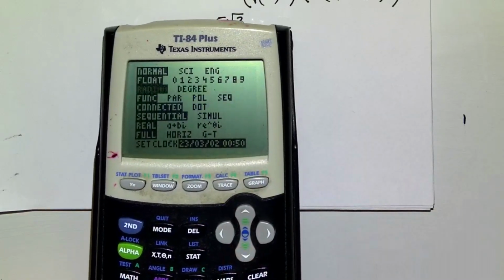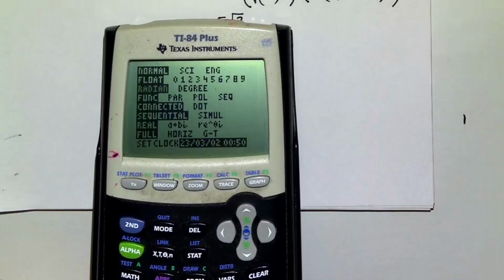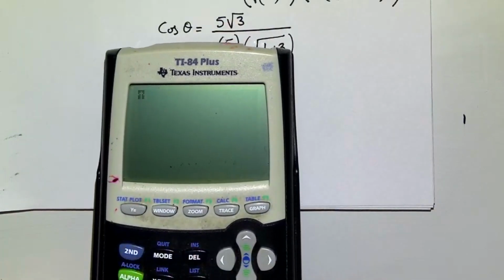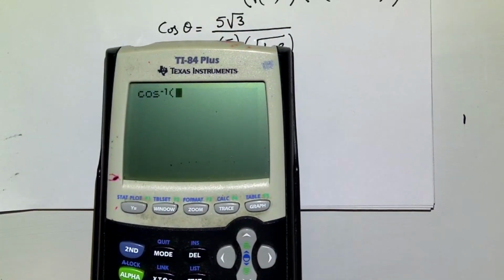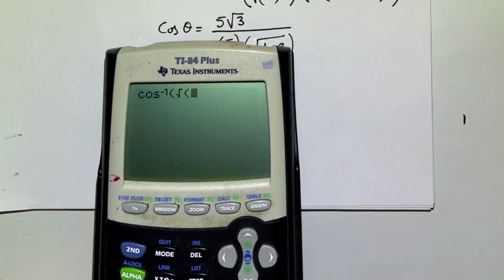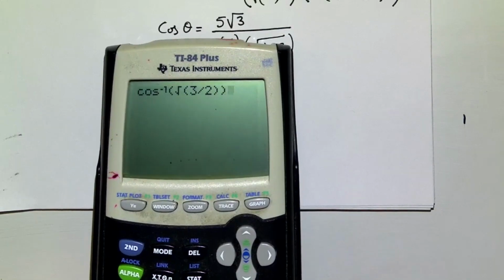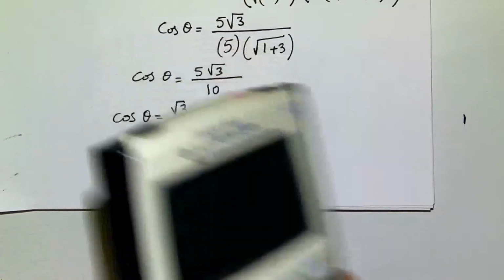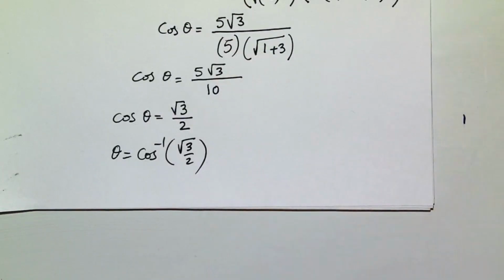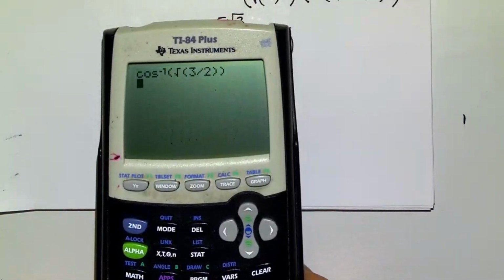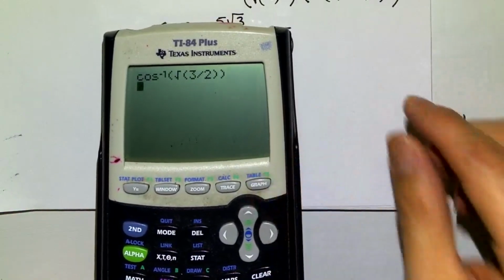I have no idea why this calculator is refusing to calculate that. That's a perfectly valid calculation. So cosine of square root of 3 divided by 2. No, it's still not working. I'm not sure what's going on, but oh, that's the problem.